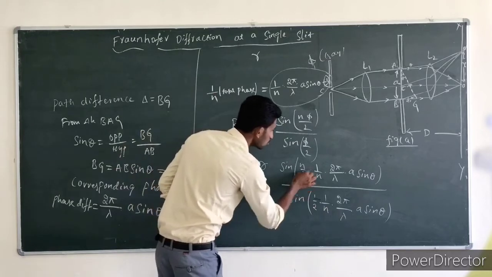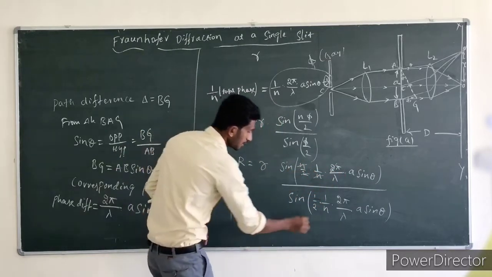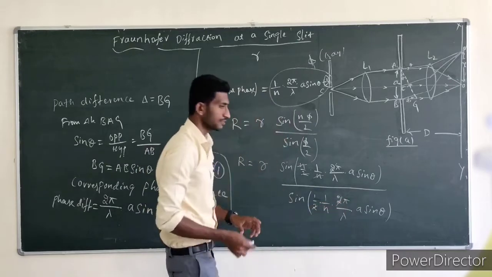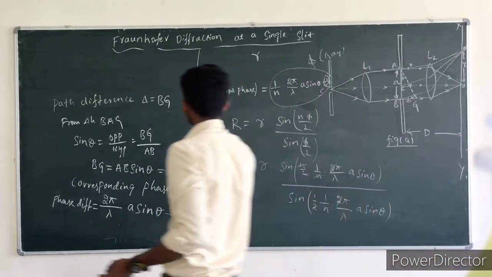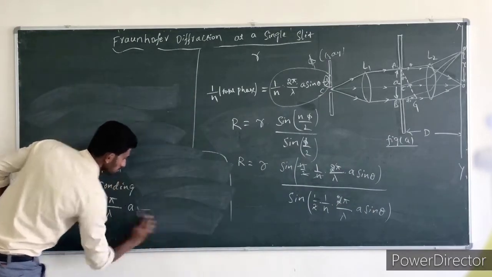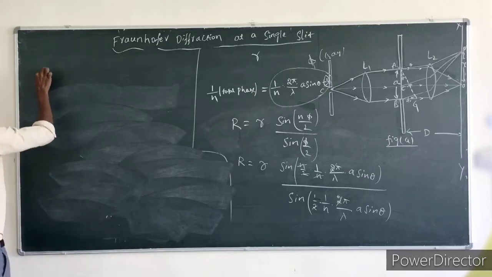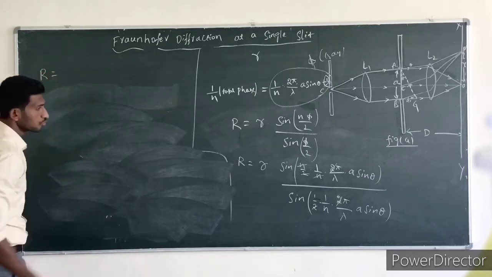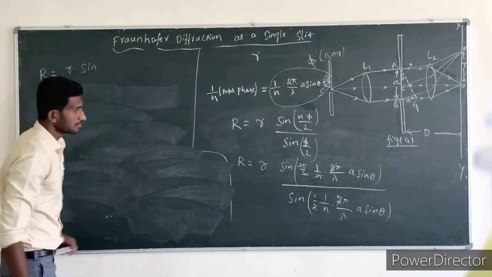Here these two get cancelled, n and n get cancelled. Here these 2 and 2 get cancelled. So I am left with R is equal to r sin.